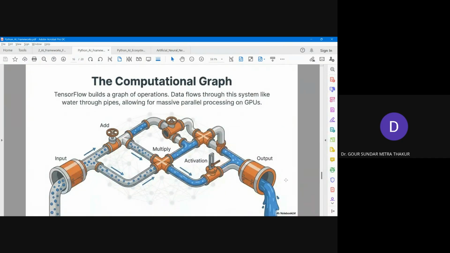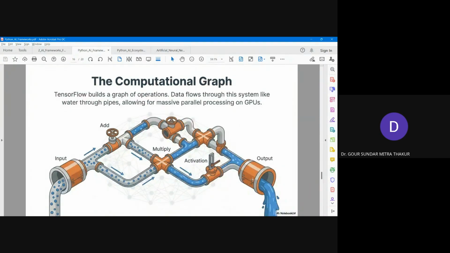Both TensorFlow and PyTorch function in the form of computational graphs. Any machine learning or deep learning requires many computations. All the computations are individually considered as nodes in a graph, so it considers all operations as a graph, and after that it performs all those operations one by one. Data flows through the nodes in that graph like water through pipes.